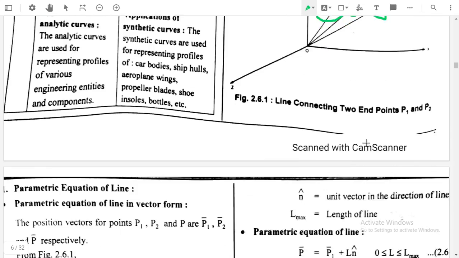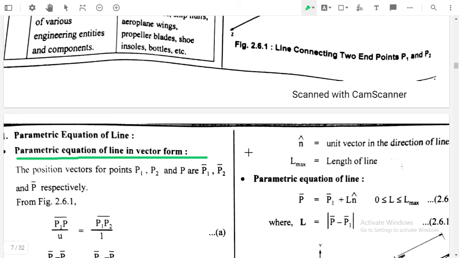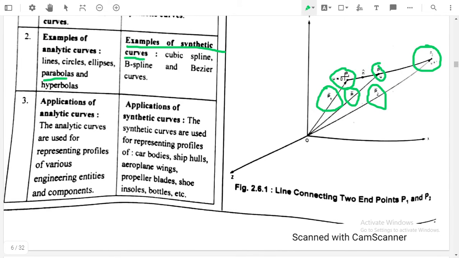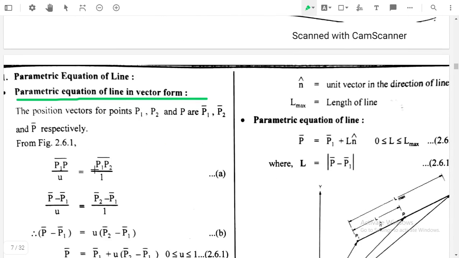So see here, the parametric equation of the line in a vector form. As we have taken, P1 to P, this distance upon u is equal to P1 to P2.